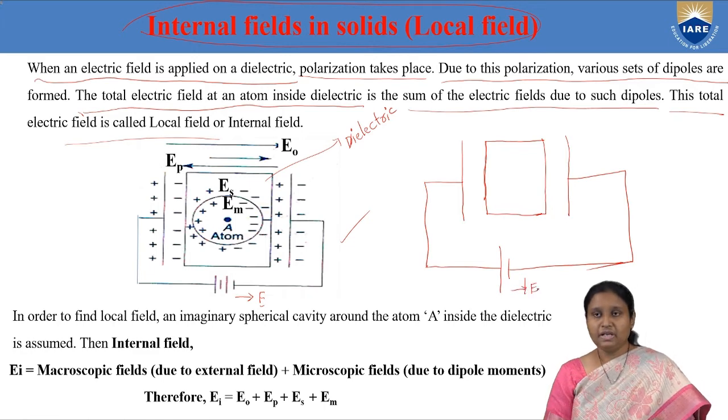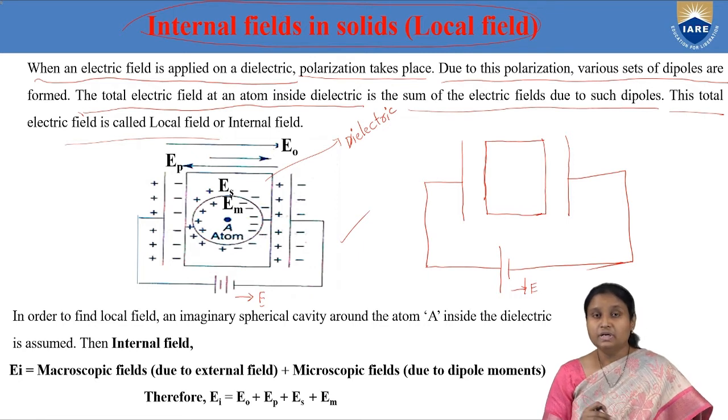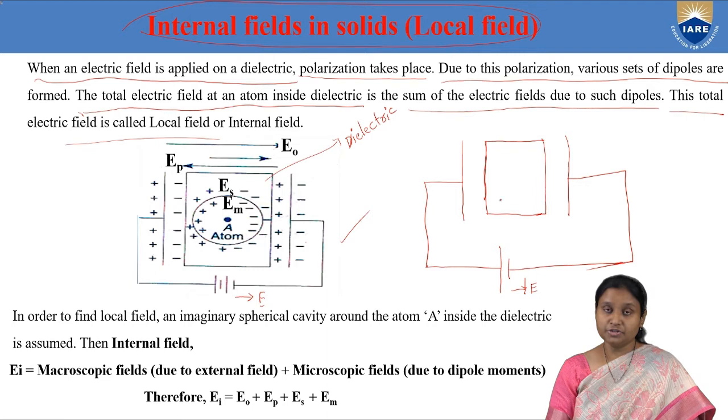Once we apply an electric field to this dielectric material, what is the first step that happens? The first step is that we have formation of charges on the capacitor plates.